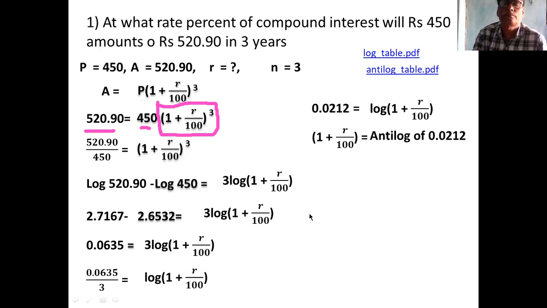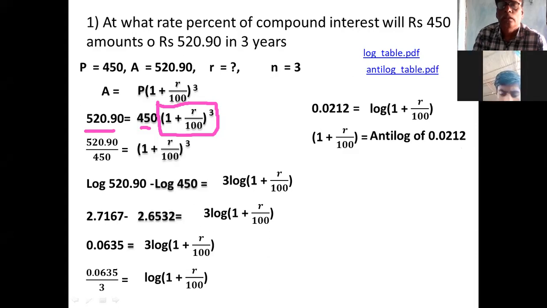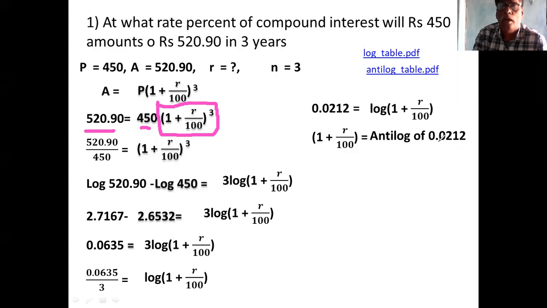What is the value of this? How to see this in the antilog table? In the antilog table, 0.02 is in the first column, 1 in the Mantissa column, and 2 in the mean difference column.